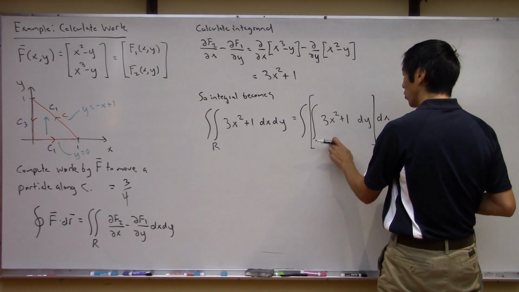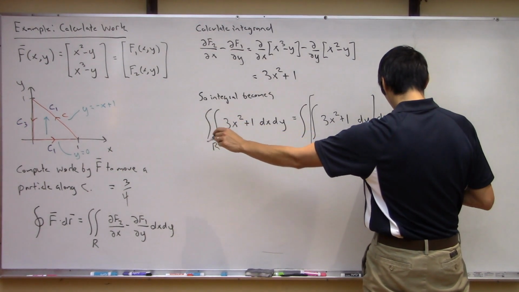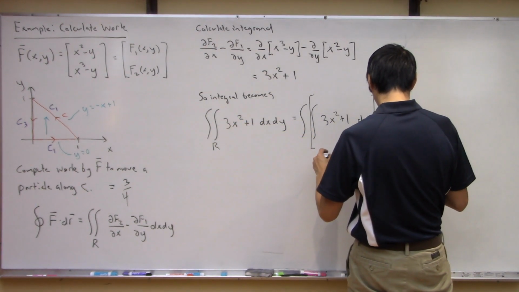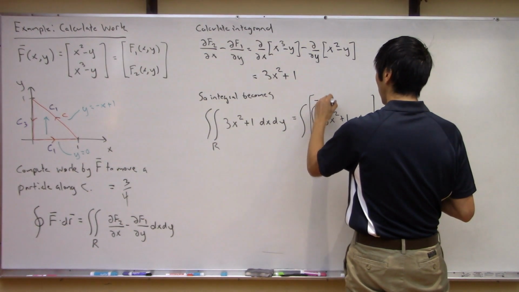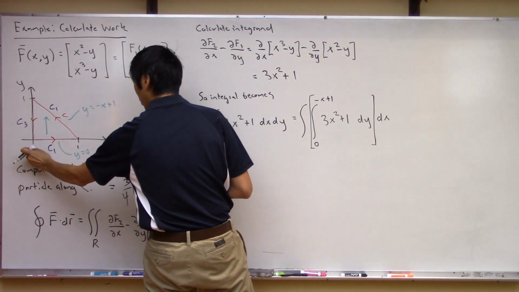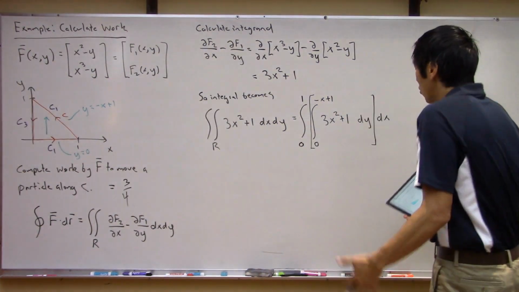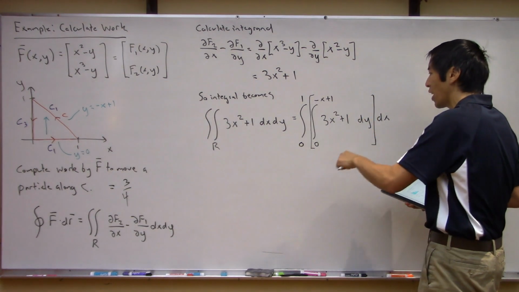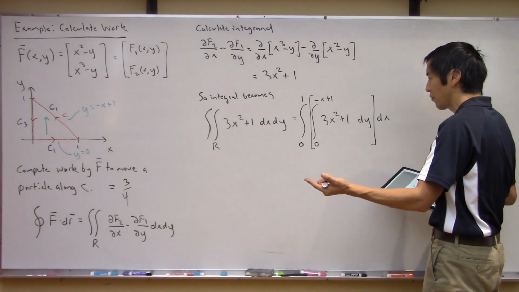Let's do this inner integral with respect to dy, and since it's a type 1, y goes from 0 to negative x plus 1. That's the y limits. And the x limits of integration go from 0 to 1. So we set that up. At this point it's a turn the crank, because this is just two single integrals, but you have to do them successively, one after the other.